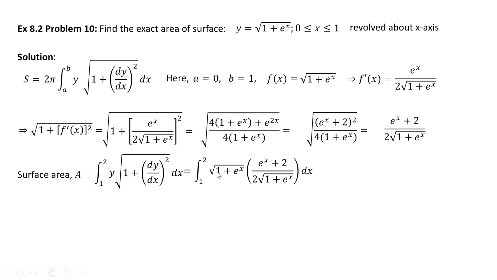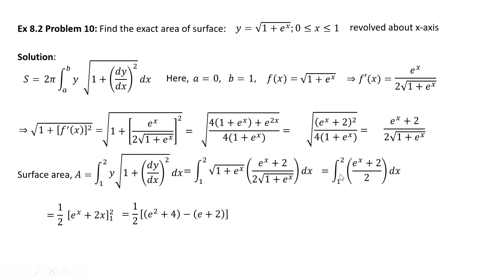So if we plug that in, we notice the square root of 1 plus e to the x, and in the denominator the square root of 1 plus e to the x, they cancel and the integral becomes simple. I pull the 1/2 outside of the integral, and the integral of e to the x is e to the x. The integral of 2 with respect to x is 2x, and we need to use the limits of integration 1 to 2, right? And when we plug, chug, and simplify, this is the answer.